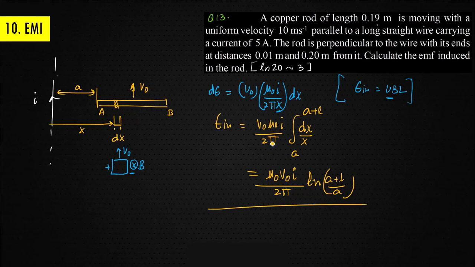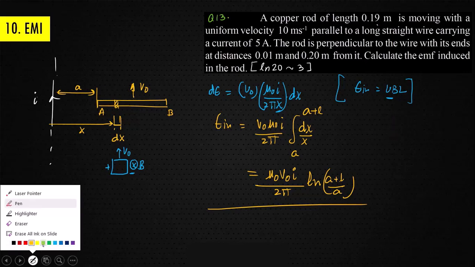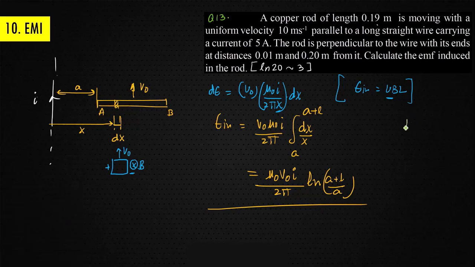So in the numerical, all the values are given. The length of the wire L is given as 0.19 meters. Velocity v0 is given as 10 meter per second. Now I is given as 5 ampere.